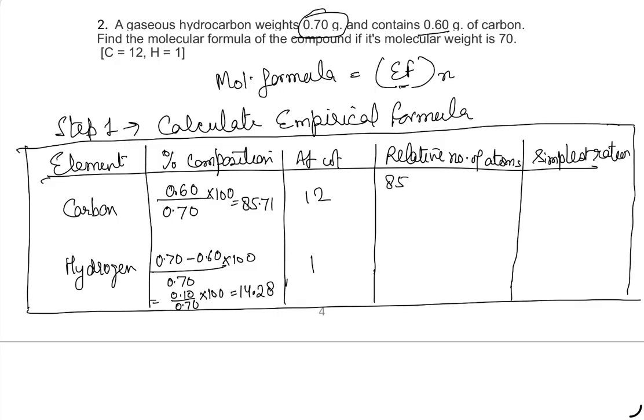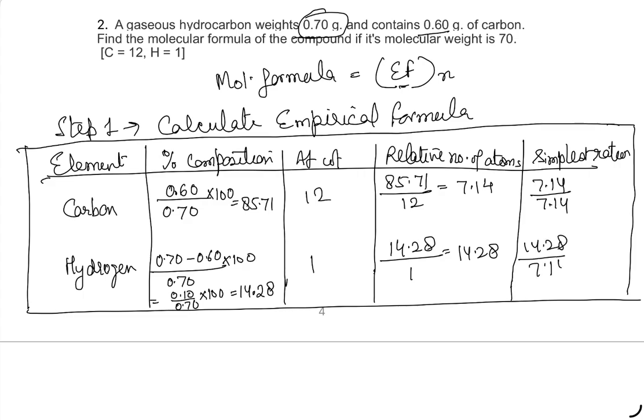So carbon is 85.71 divided by 12, which will give 7.14, and for hydrogen, 14.28 divided by 1 will be 14.28. Next step is the least number of atoms will be divided into all the relative numbers of atoms. So we will divide this by the least answer, which is 7.14. Here I will get 1, here I will get 2.